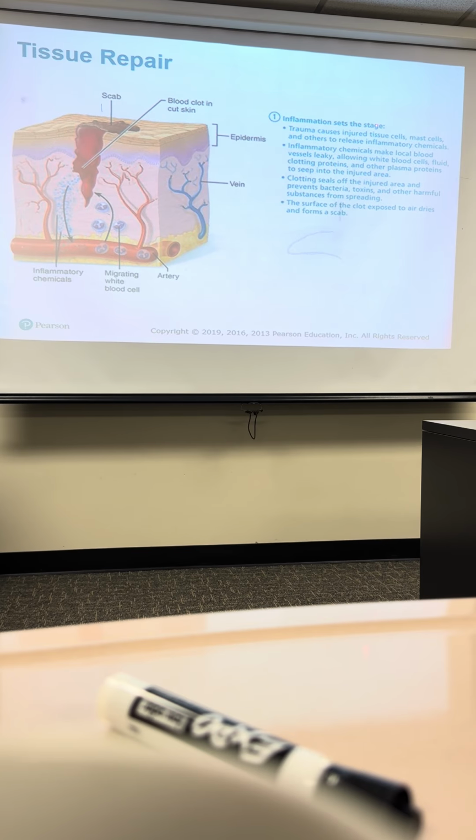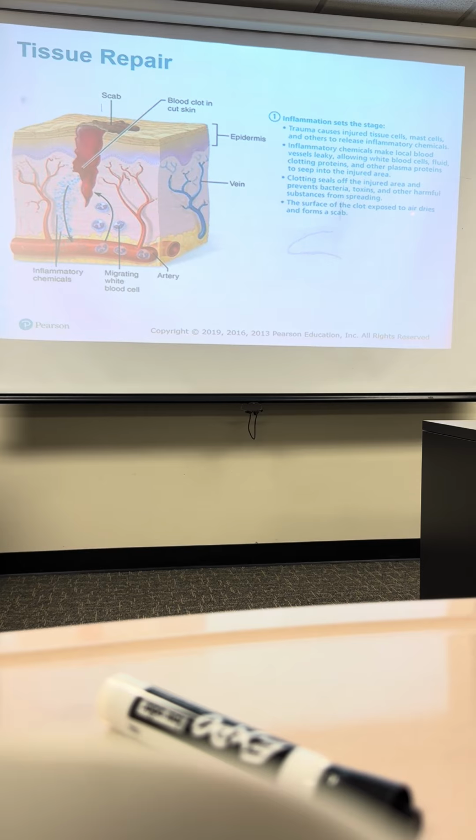Trauma causes the injured tissue cells, muscle, and others to release inflammatory chemicals, and inflammatory chemicals make the local blood vessels leaky, allowing white blood cells, fluid, clotting proteins, and other plasma proteins to seep into the injured area. Clotting seals off the injured area and prevents bacteria, toxins, and other harmful substances from spreading.